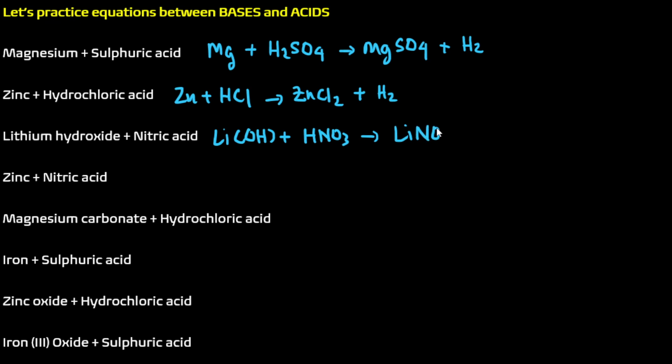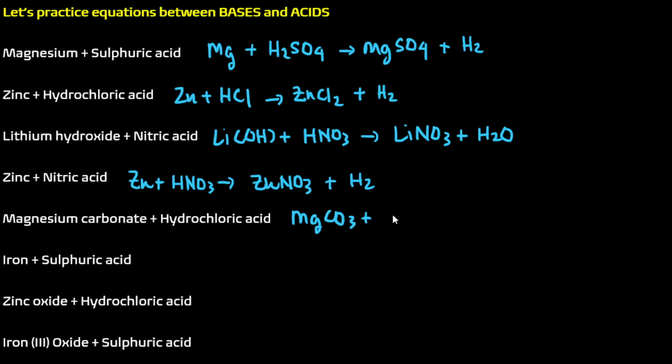Okay, so this will be LiNO3 plus H2O. Zinc plus nitric acid will be similar to this one. Zinc plus nitric acid will react to give zinc nitrate plus hydrogen. Now magnesium carbonate plus hydrochloric acid, MgCO3 plus HCl, will give us magnesium chloride plus water plus carbon dioxide.